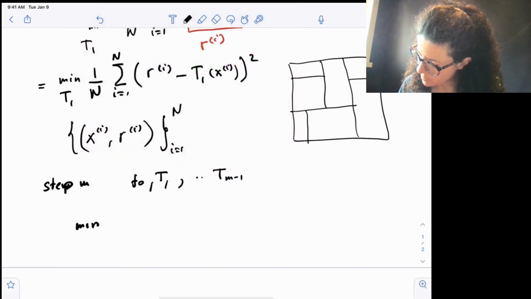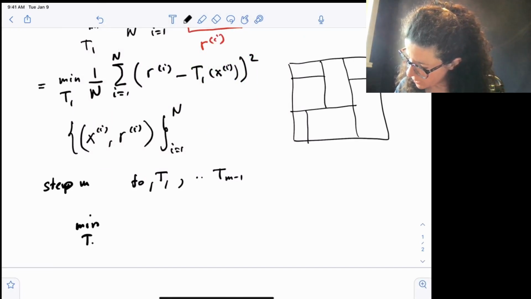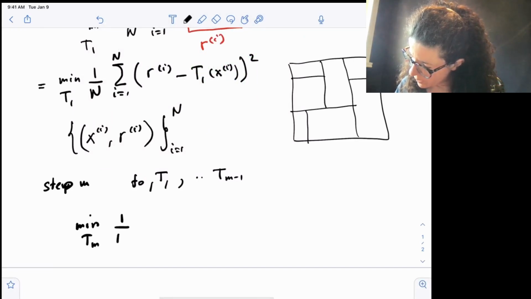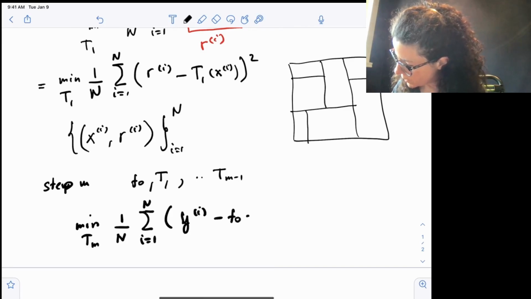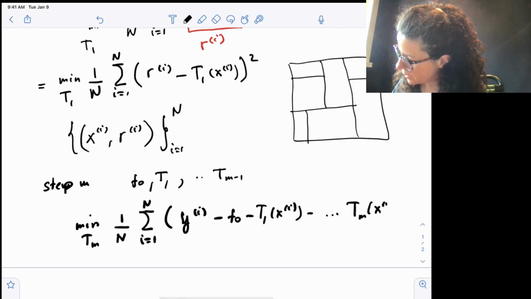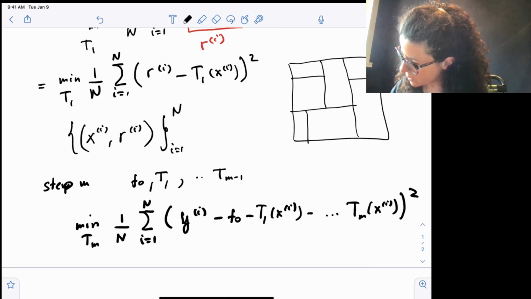We're trying to minimize with respect to tm, 1 over n, sum of i equal 1 to n of yi minus f0 minus t1 of xi minus t2 of xi and so on, minus tm of xi, squared.